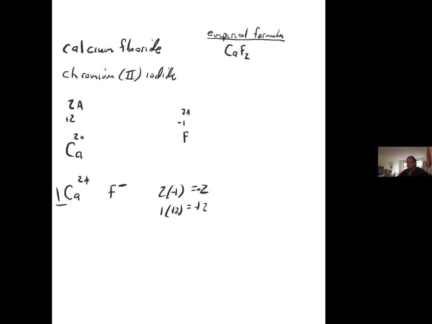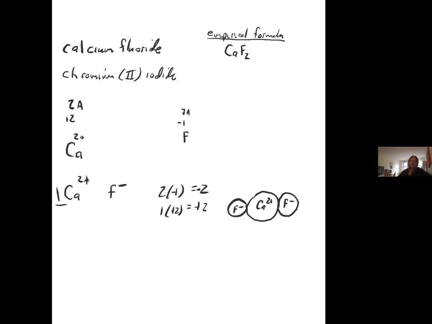So the negative and the positive are going to cancel each other. That's what you're looking for. That's what ionic compounds do. So for this compound, you got your calcium, which is 2 plus, and then you got your fluoride, which is minus 1. So there's going to be 2 negatives to balance that 1 positive 2.